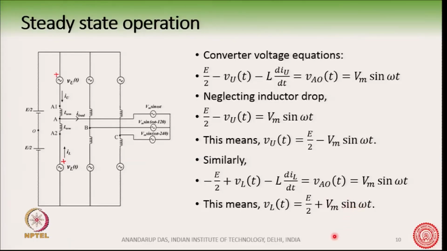So, this is consistent with our previous analysis saying that an arm which is made up of half bridges will be generating a DC plus an AC, and you can see here it is generating a DC plus an AC.